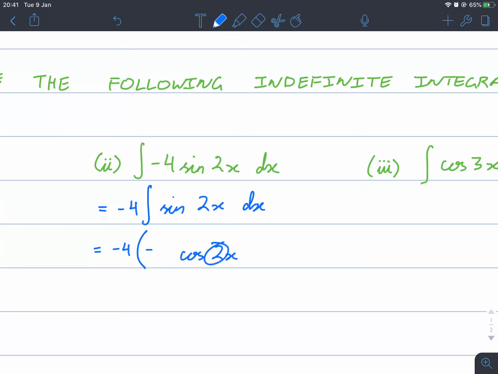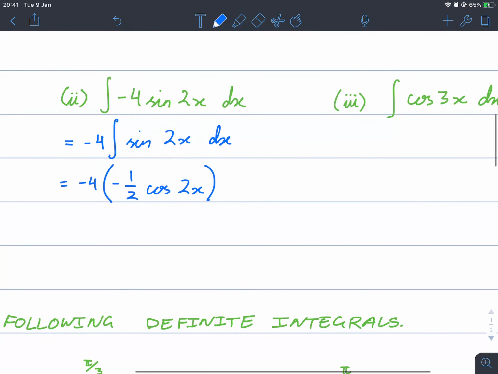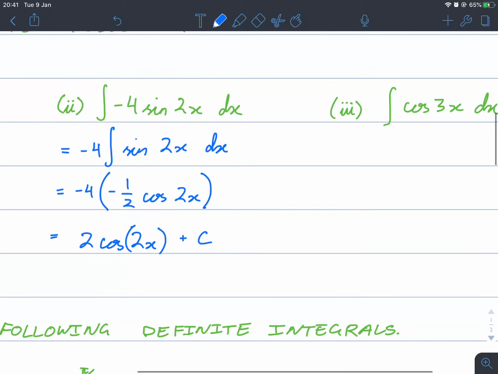It's once again always dividing by that coefficient there, so half. Let's simplify the following. -4 times -1/2 is just +2 cosine of 2x. And never forgetting, at the end of an indefinite integral, it's always plus c.